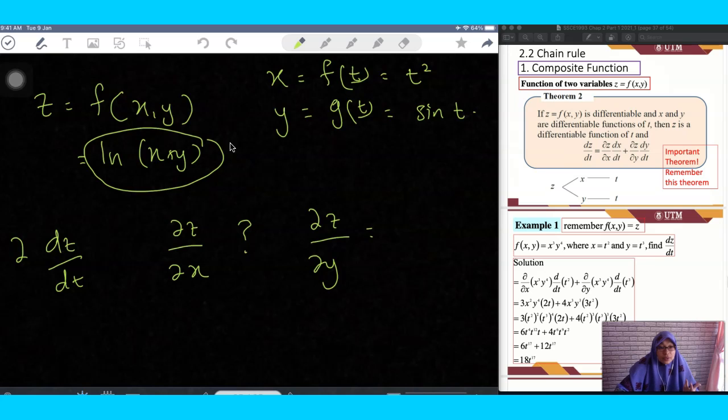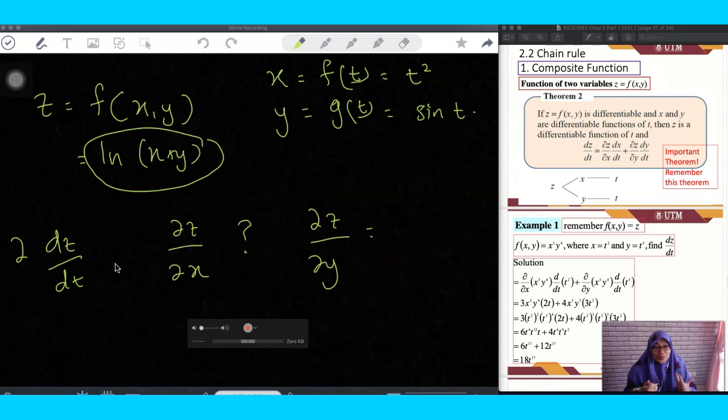You have to remember the t is under the x and y. Then how can you compute the derivative of z with respect to t? You cannot just think of it directly. You have to know the steps to follow.